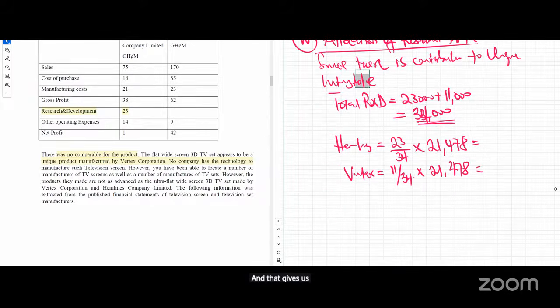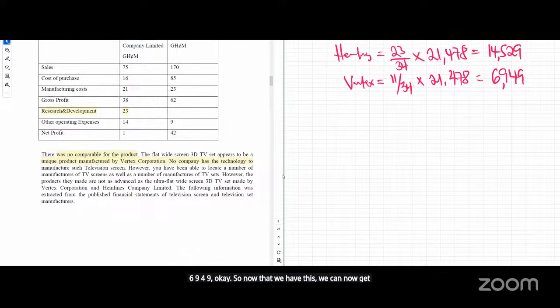For Hemlines, we'll get 14,529. For Vertex, we'll get 6,949. Okay. So now that we have this, we can now get the arm's length profit, right?